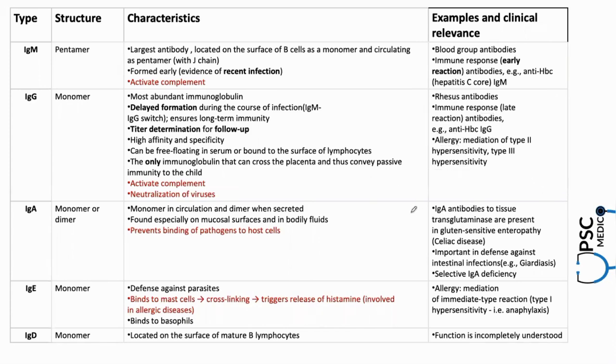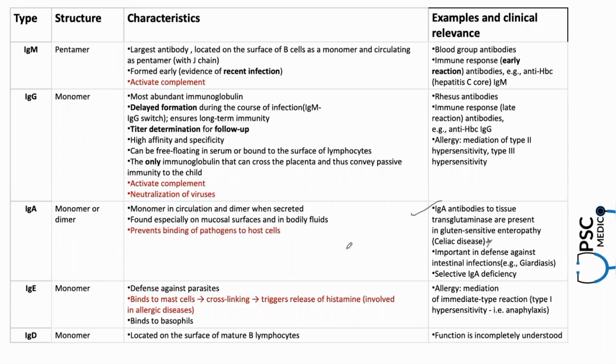IgA, as we already discussed, is a mucosal immunoglobulin, but the more important thing with IgA is the type of IgA which is produced in celiac disease. Celiac disease is because of production of autoantibodies, and most of the time these autoantibodies are IgG or IgM type.